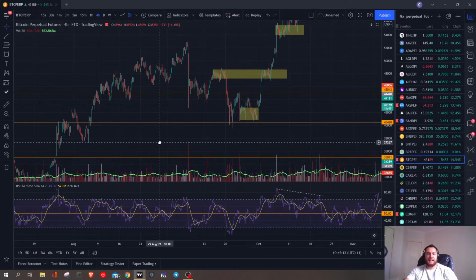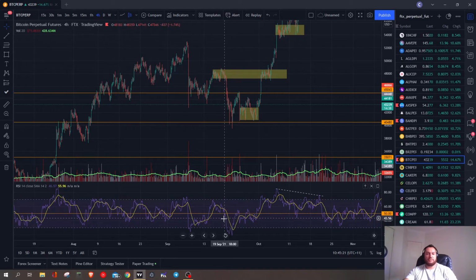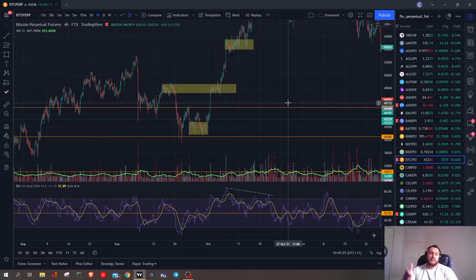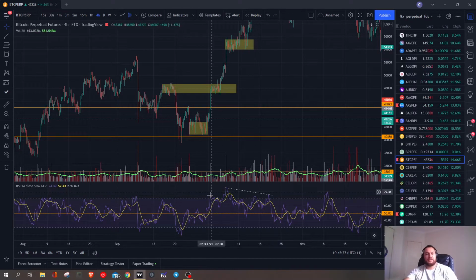So regardless, it will always return at some point. Nothing's ever perfect, but it will return, and it will break, and it will retest, and it will do all the things that price action does. Breaks, retests, structures, patterns, trending markets, highs, higher lows, lower highs, equal lows, and so forth.